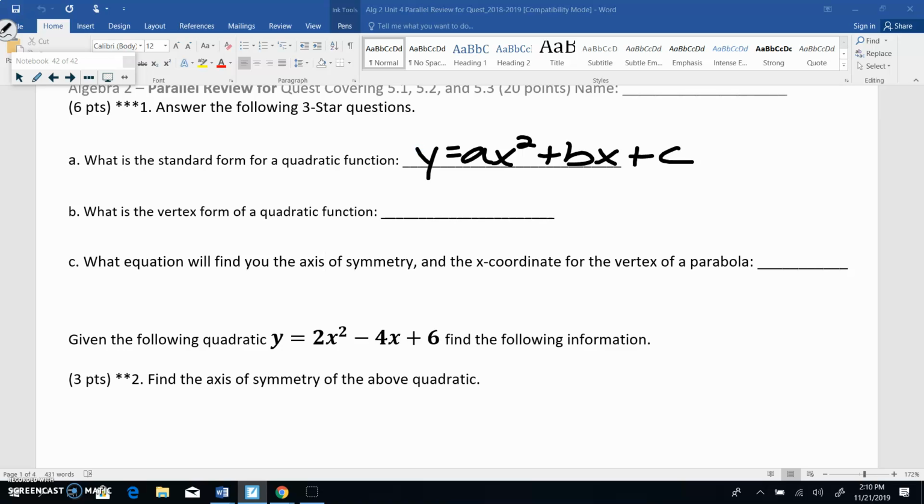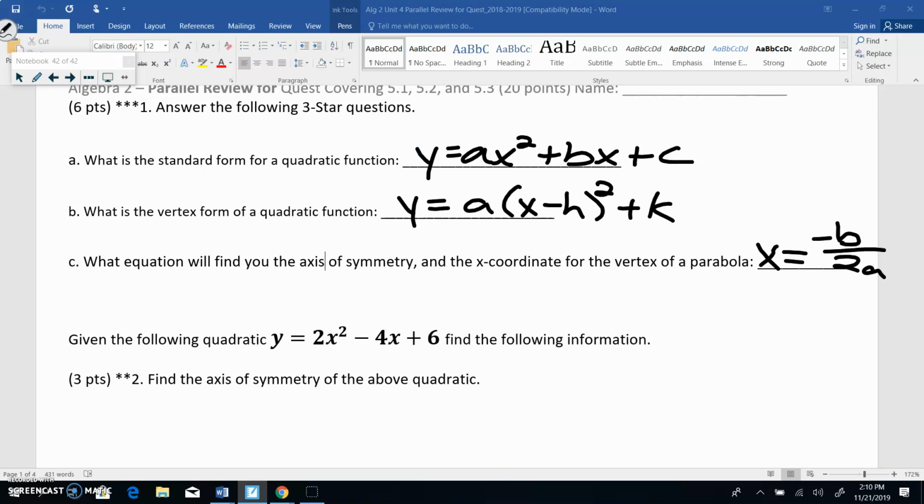The vertex form, which is the next blank, is y equals a times x minus h squared plus k. All right, and finally, the last piece of this is the AOS, which is x is equal to the opposite of b over 2a. So if you are doing the fill-in, there's your fill in the blank.